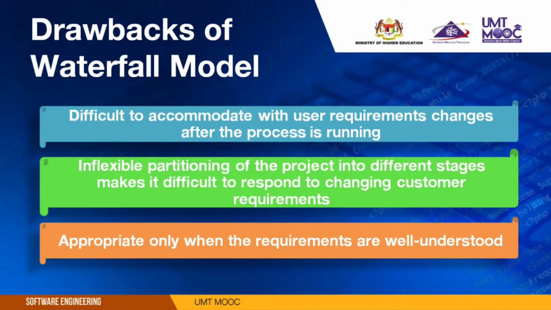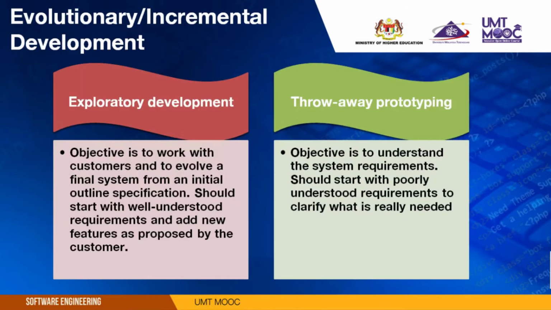A few drawbacks of the waterfall model are that it is difficult to accommodate user requirement changes. Partitioning the project into different stages makes it difficult to respond to changing requirements, and it is only appropriate when the requirements are well understood.